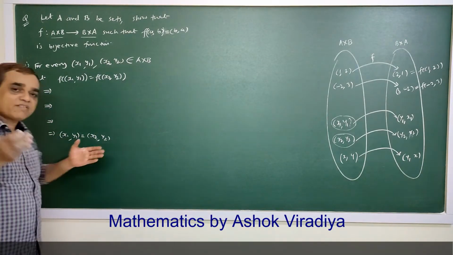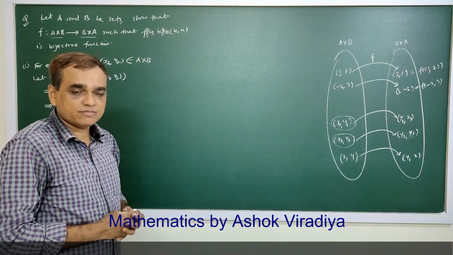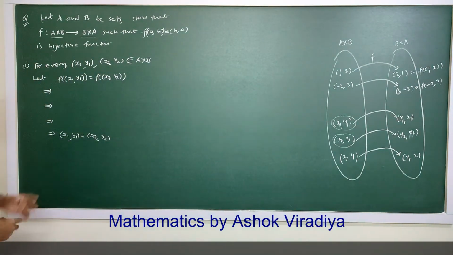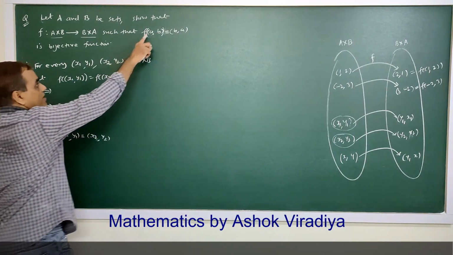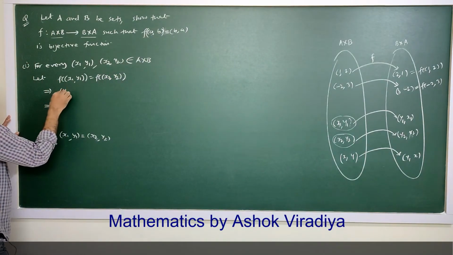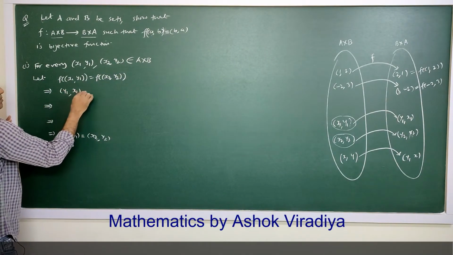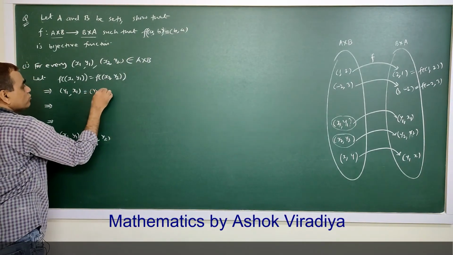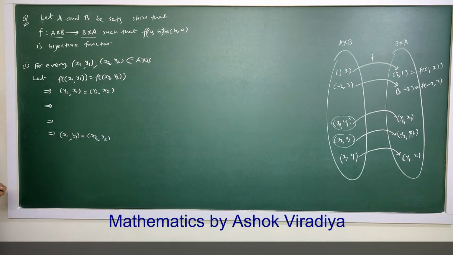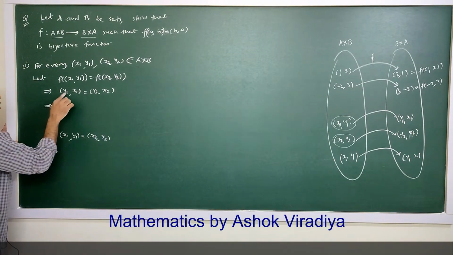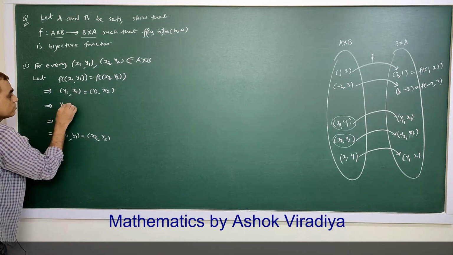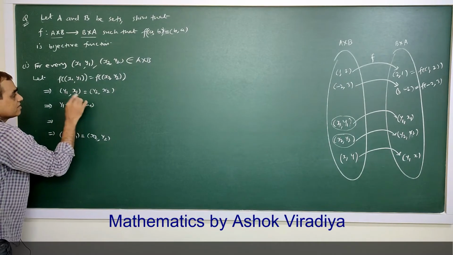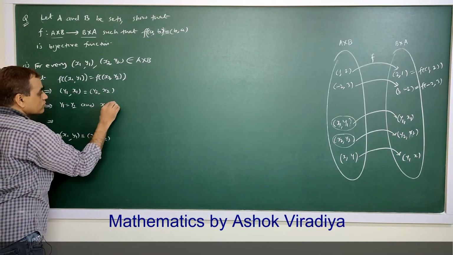Applying the second form of the definition of a 1-1 function. Now f of (x1, y1) is (y1, x1), and f of (x2, y2) is (y2, x2). This means y1 equals y2 and x1 equals x2.